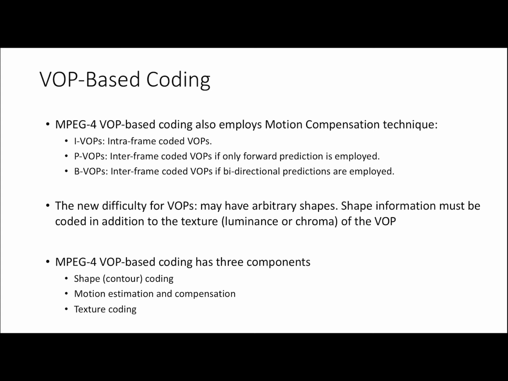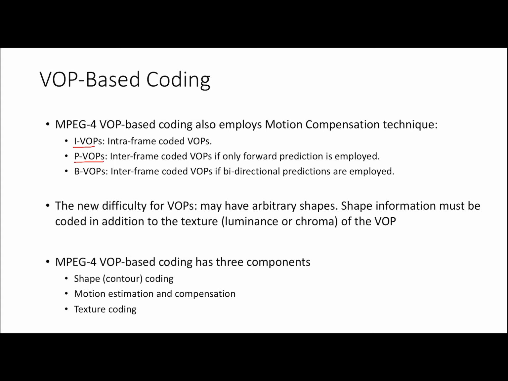MPEG-4 video object plane based coding also employs the motion compensation technique which we have discussed in MPEG-1 and MPEG-2. So an intra-frame coded VOP is called an IVOP. That means we are not considering previous or future frame or VOP information, and we have just the single scene.